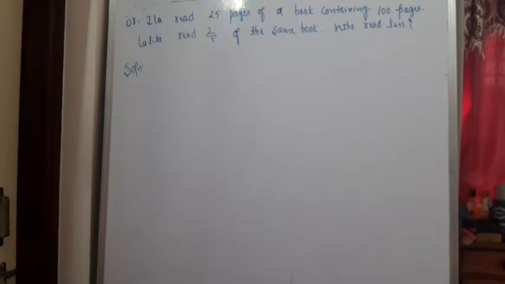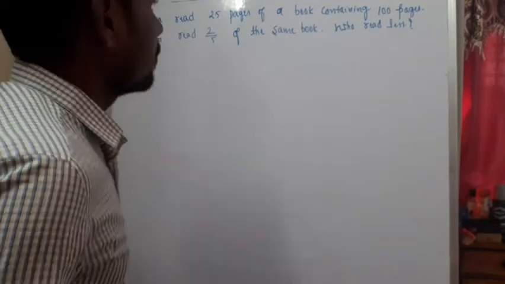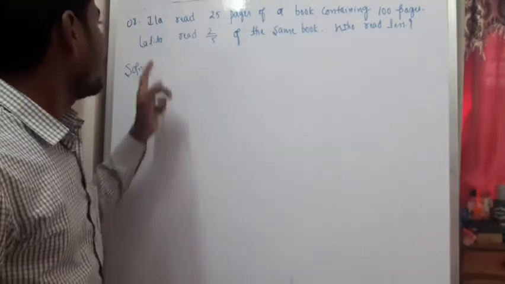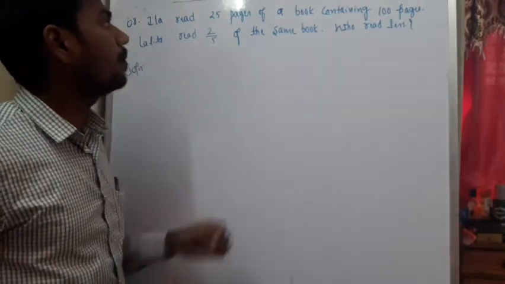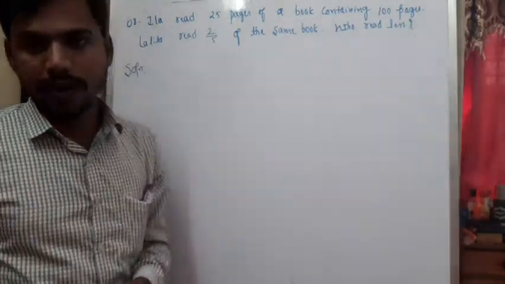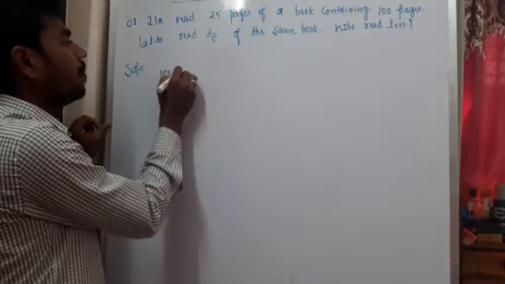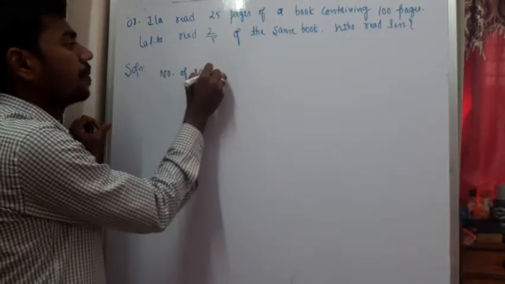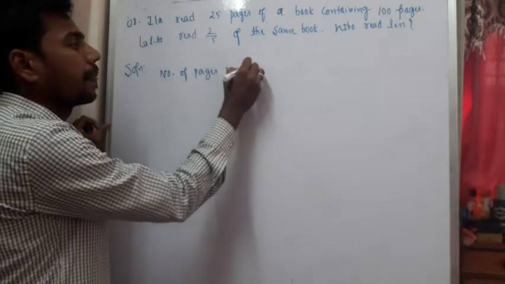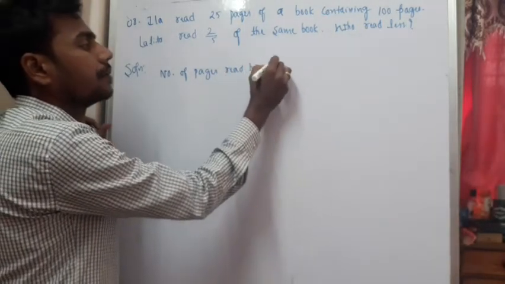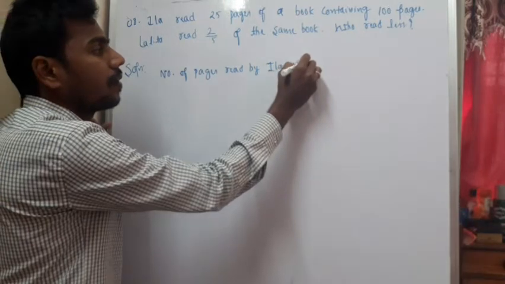So the 8th question: Ila read 25 pages of a book containing 100 pages and Lalita read 2/5 of the same book. Who read less? See, the number of pages read by Ila is equal to 25.